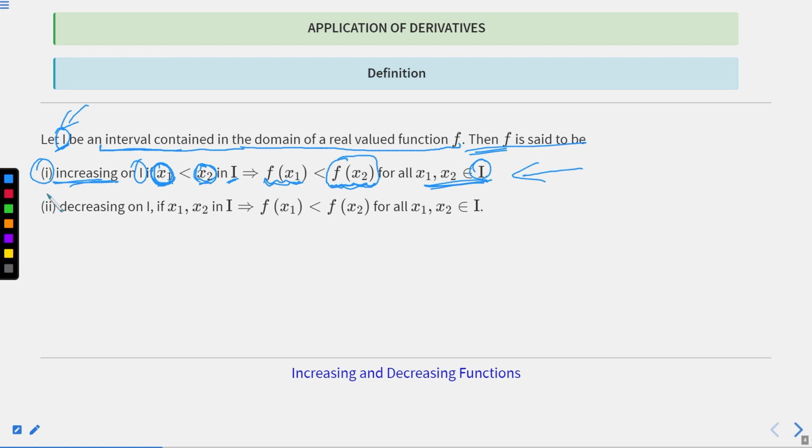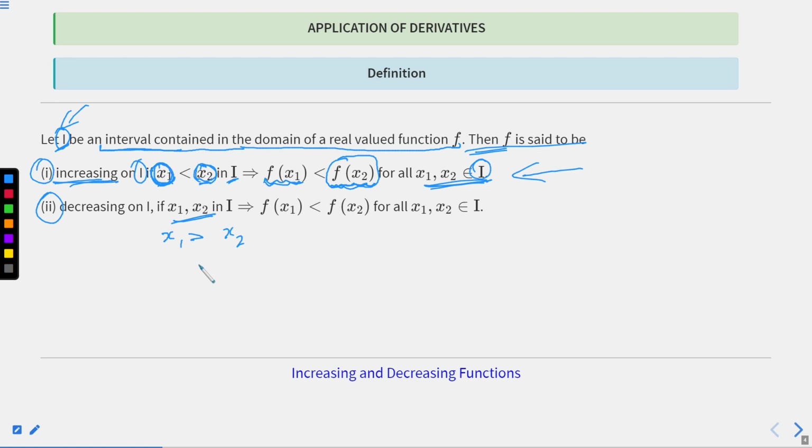Now, if the function is decreasing, then what does it mean? You pick two points x1 and x2 in this interval I, in such a manner that x1 is greater than x2.